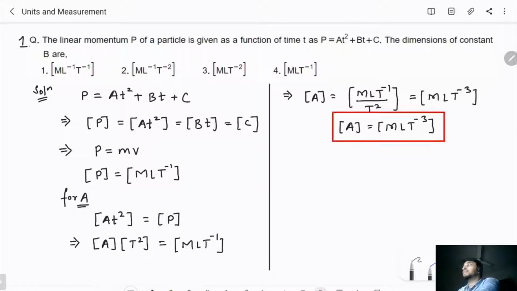Now let us find the dimensional formula for B. Again we can equate the dimension of the term Bt to that of momentum. So the dimensional formula for B into T will be the same as the dimensional formula for momentum, that is M L T to the power minus 1.